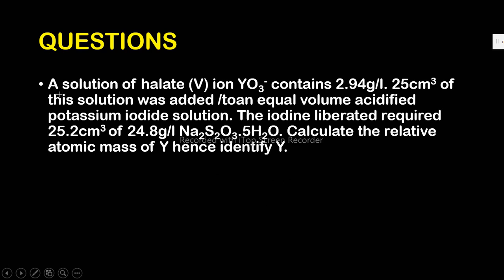You can see. We have a solution of a chlorate, and this is a chlorate 5. However, they have not told you which one. It could be a chlorate, it could be a bromate, or it could be an iodate.